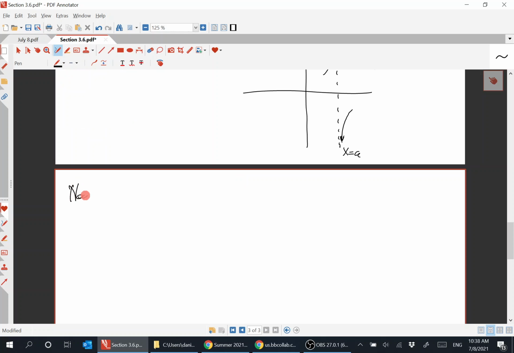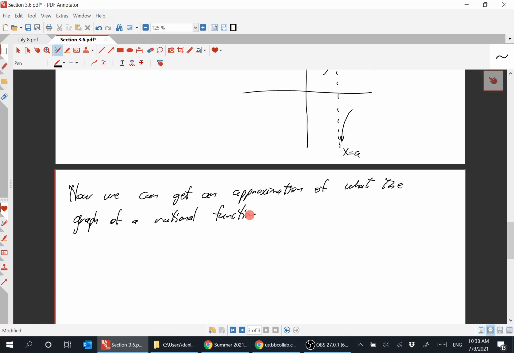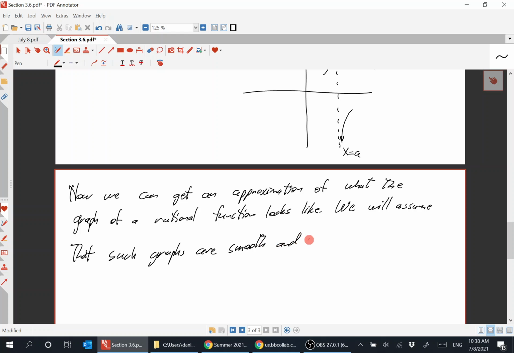So now we can get an approximation of what the graph of a rational function looks like, and we can assume such graphs are smooth and unbroken, except for the vertical asymptotes.